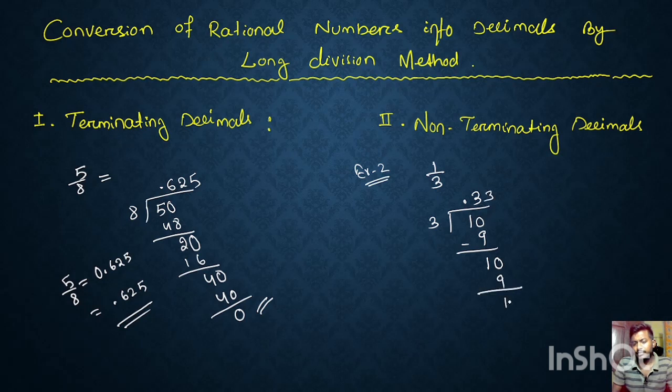Similarly this will be repeated. So the answer will be 0.333 dot dot dot, or we can write 0.3 bar. The digit which repeats, we can write in bar format. Understand? This is called a non-terminating decimal, which means the remainder is not equal to 0.